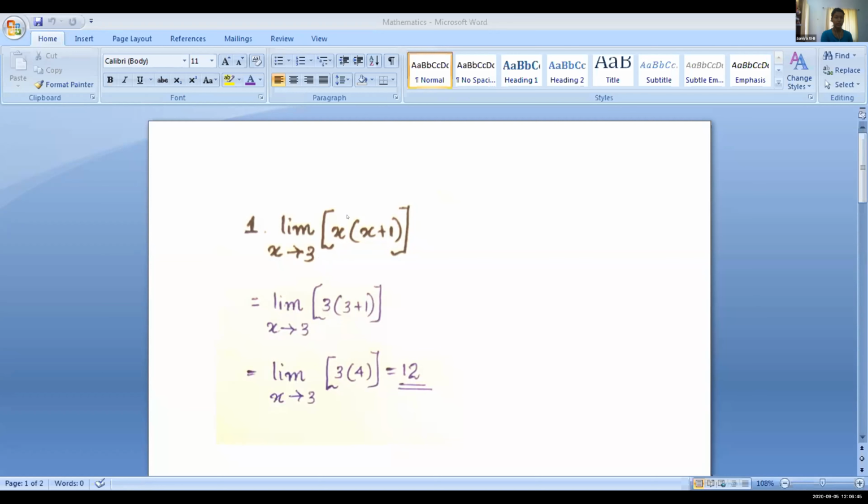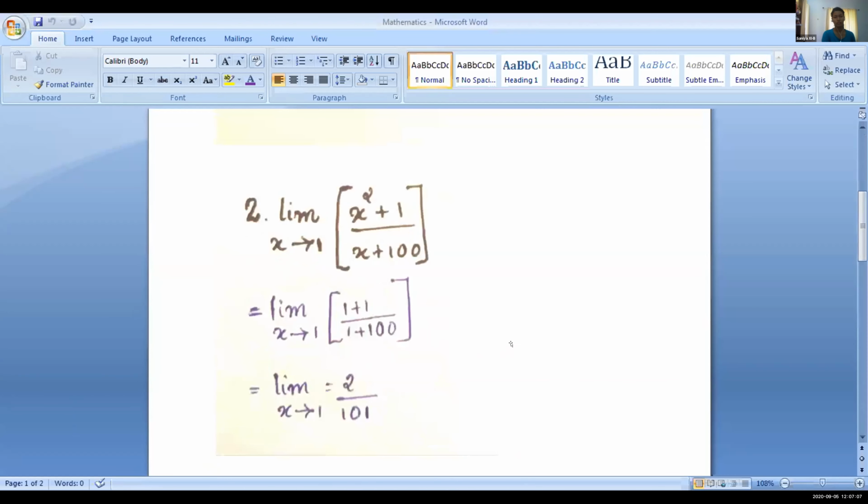So x into x plus 1 will be 3 into 3 plus 1, which is 3 into 4, which is 12. I guess no one has any doubt in the first question, is it?